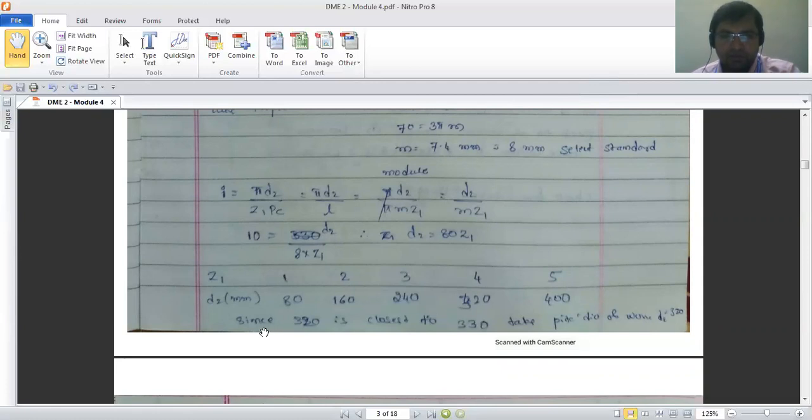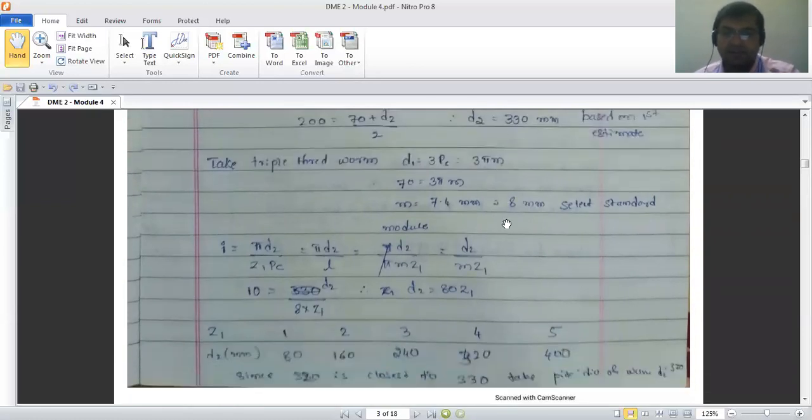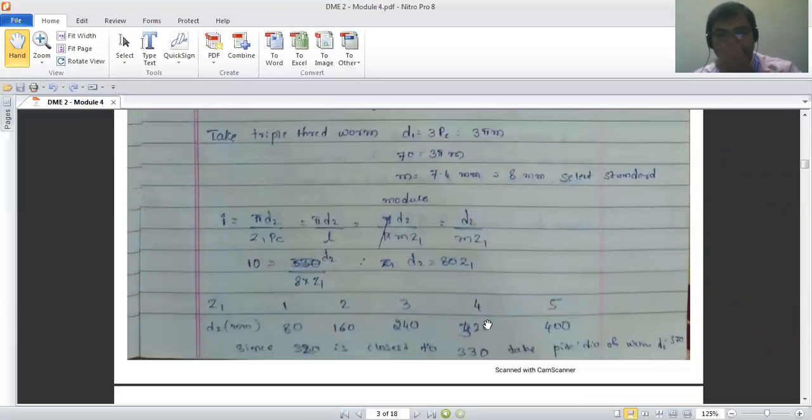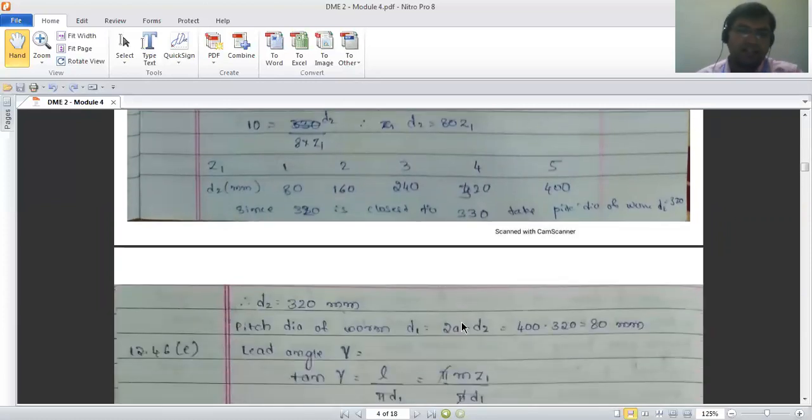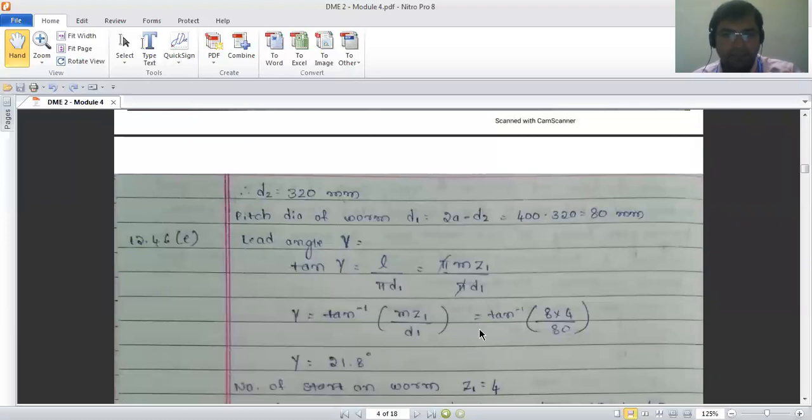Therefore, since 320 is closest to 330, we take the pitch diameter of the worm wheel, that is d2, as 320 millimeter. So we are not selecting 330, we are selecting 320 because this will be very near to our first approximation. Therefore, d2 will be selected as 320 millimeter.